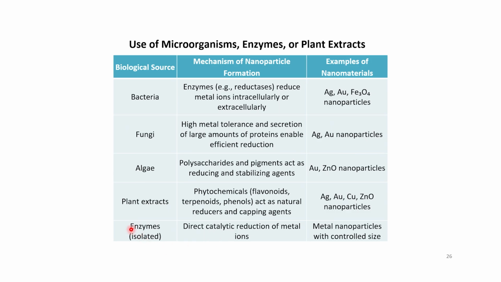So isolated enzymes are also a biological source, used in the direct catalytic reduction of metal ions. The nanomaterials obtained are metal nanoparticles with controlled size. So now you have obtained your nanoparticles with controlled size using all these biological sources: bacteria, fungi, algae, which are microorganisms, plant extract or isolated enzymes.